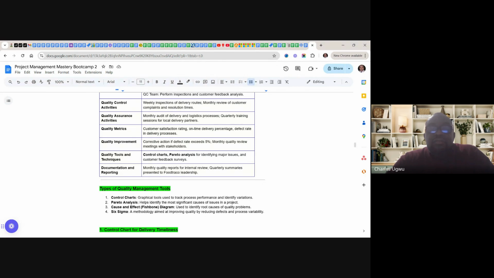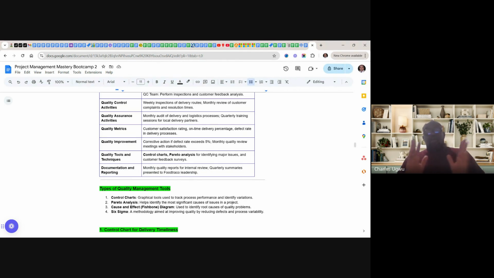It helps to identify the most significant causes of issues in a project. Cause and effect fishbone diagram, used to identify the root cause of a quality problem. Six Sigma, a methodology aimed at improving quality by reducing defects and process variation.